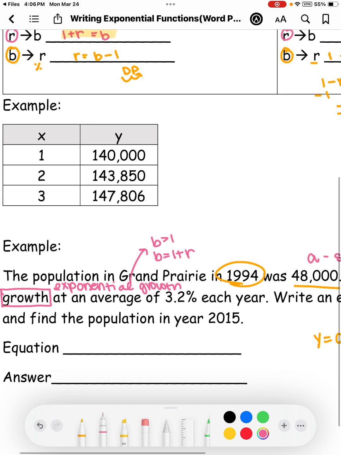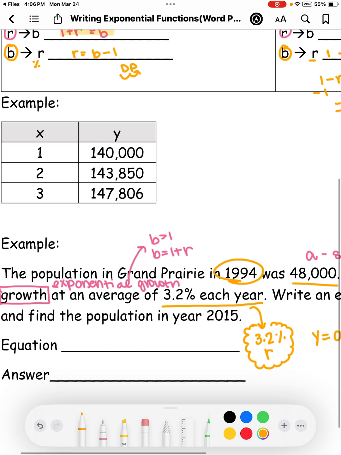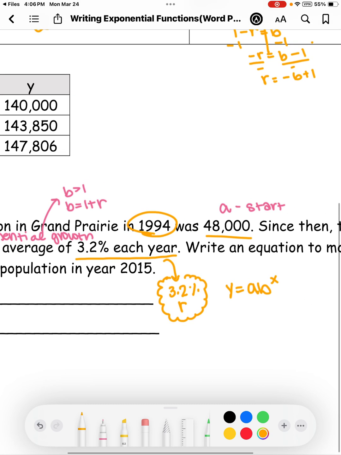At an average of 3.2% each year. Oh, there's a percentage, so what does this number represent? 3.2% represents the r value. So I need to convert this into a b value, okay?